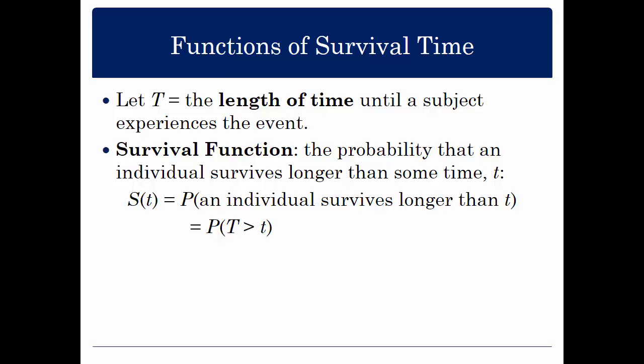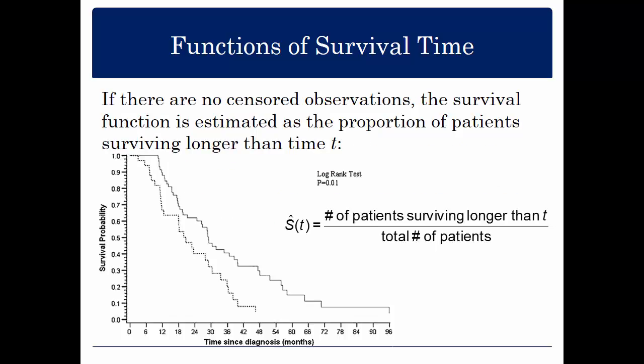There are some different functions of survival time that are interesting to us. I already mentioned the Kaplan-Meier curve, which is an estimate of the survivor function, or the survival function. The survival function conveys the probability that an individual will survive longer than some time, t. T is the x-axis. That probability is on the y-axis.